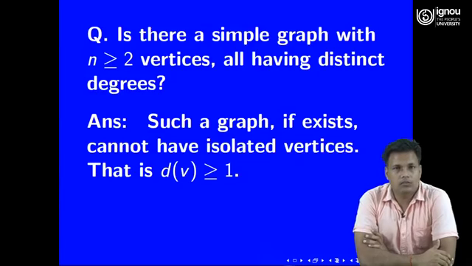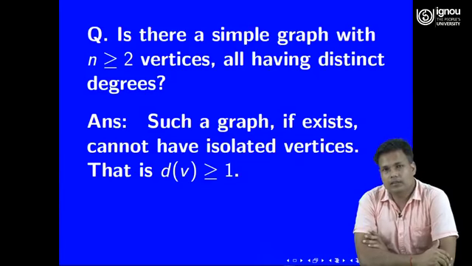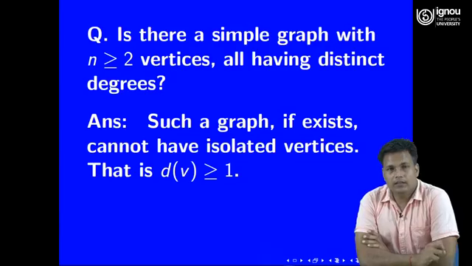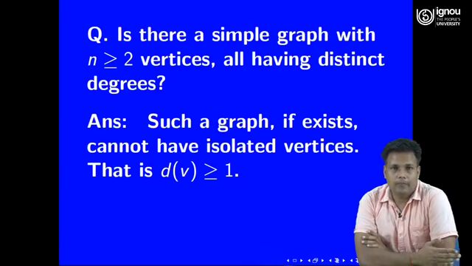Suppose there is some isolated vertex V, then the remaining vertices cannot be adjacent to V because V has degree 0. So the remaining degrees will be 1, 2, 3 up to n minus 2.